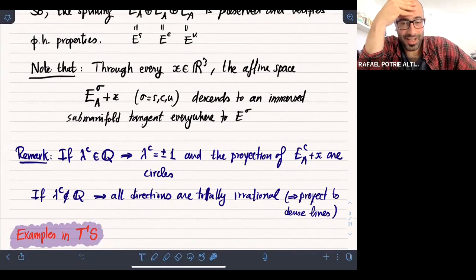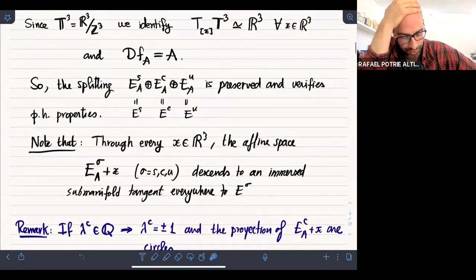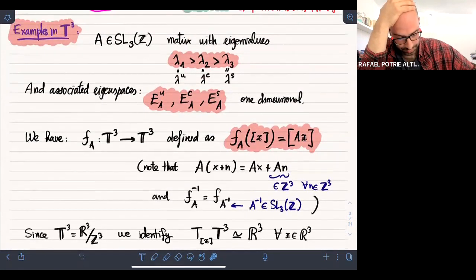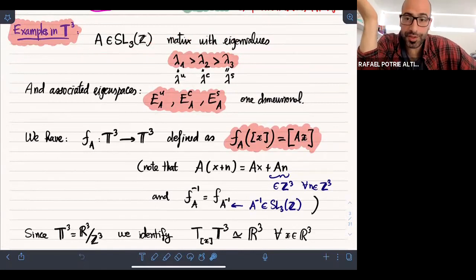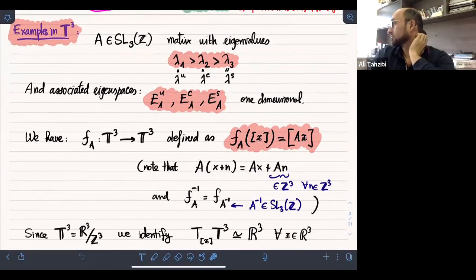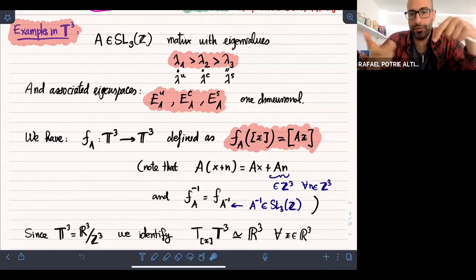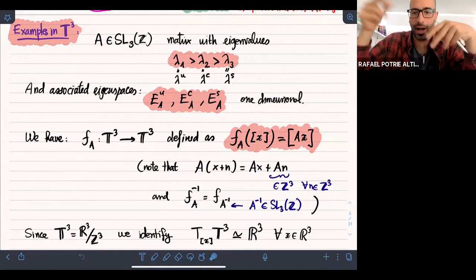It's a good question, and I said it very fast. It's only in dimension 3, and it's very specific to this. The point is that the characteristic polynomial of A is a polynomial with integer coefficients, and the determinant is 1. The rational root theorem tells you the only rational roots that are possible are 1 and -1, and then you take it down and get an irreducible polynomial of degree 2, so you have Galois conjugate solutions.